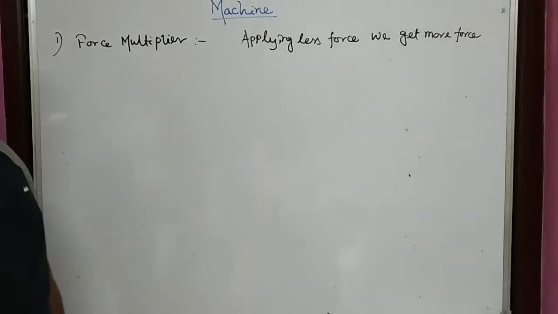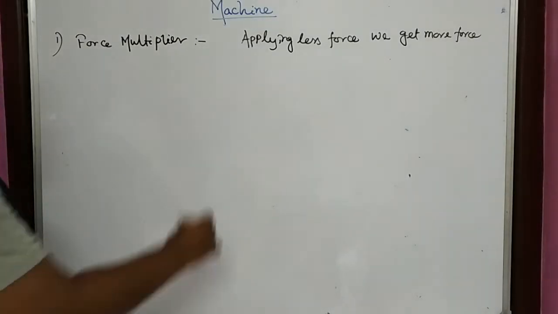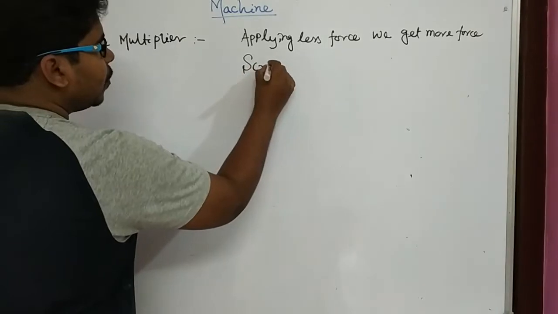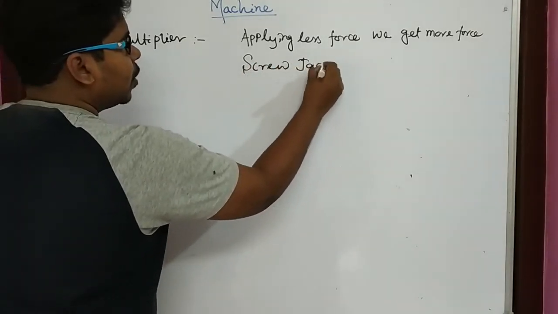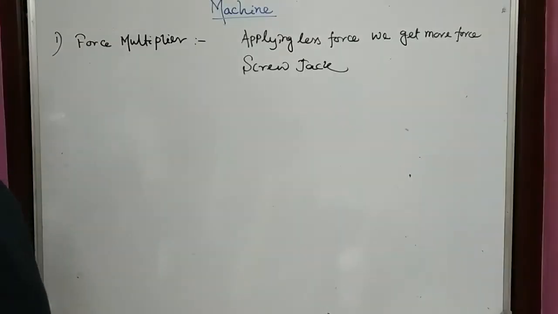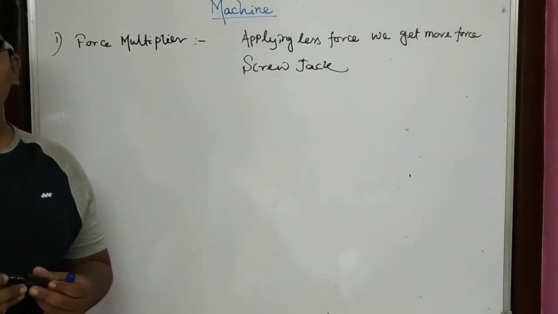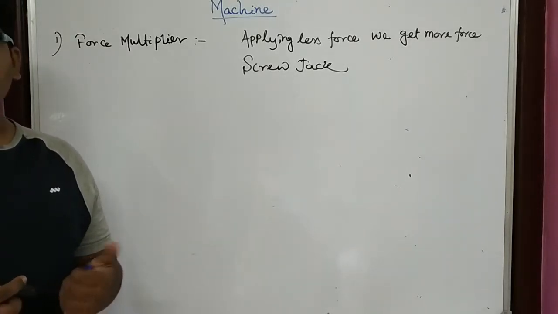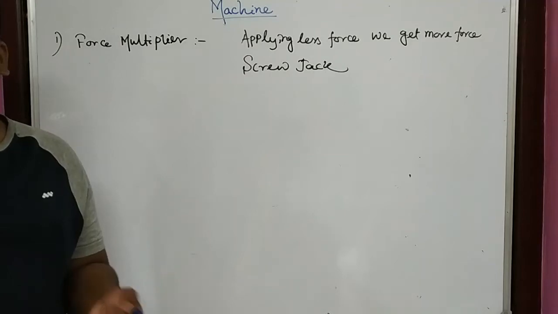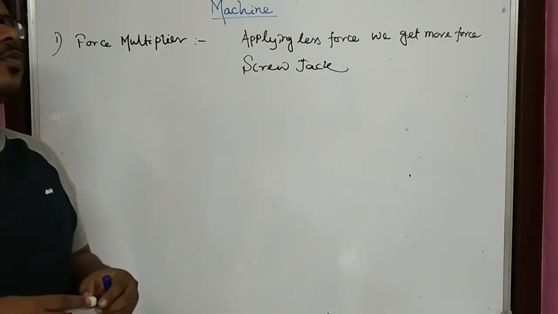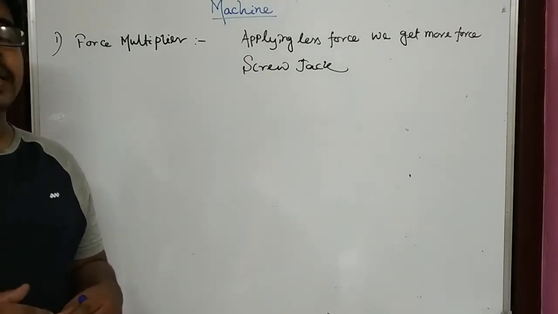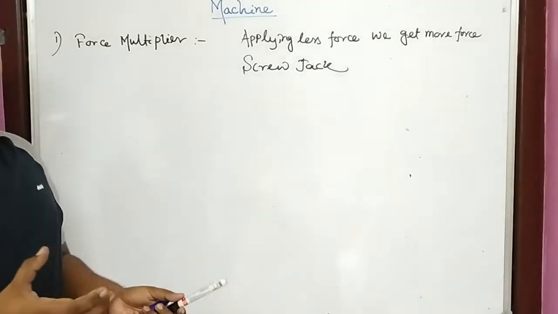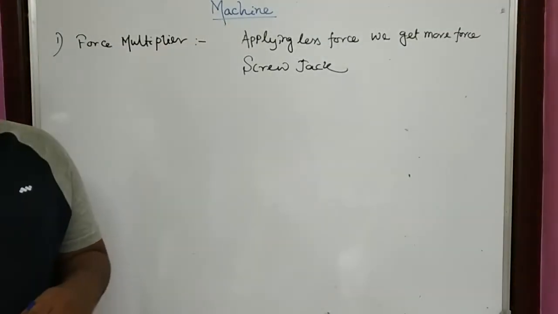Example, the screw jack, which is very commonly known as stepney. In our car, if there is any problem in a wheel or in the tire, that tire should be opened. How can it be opened?